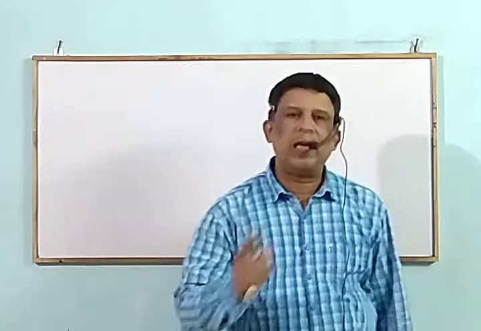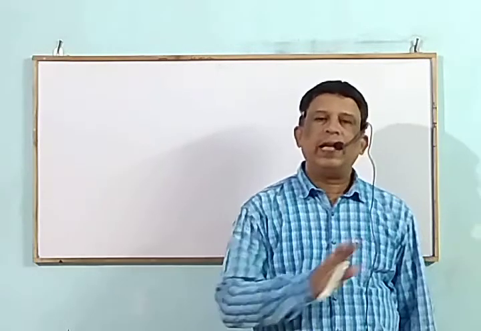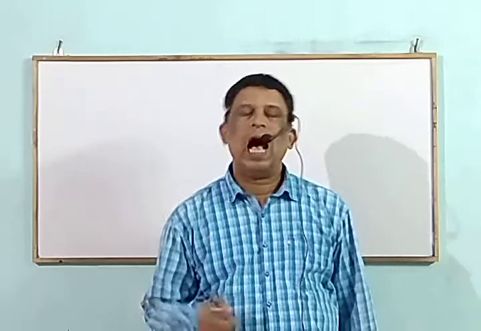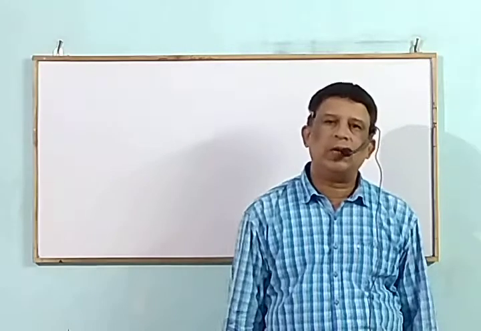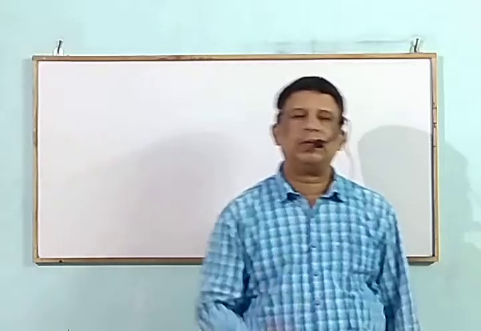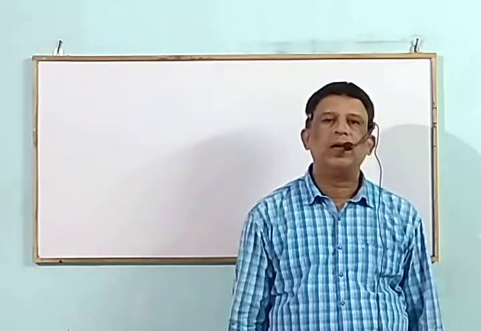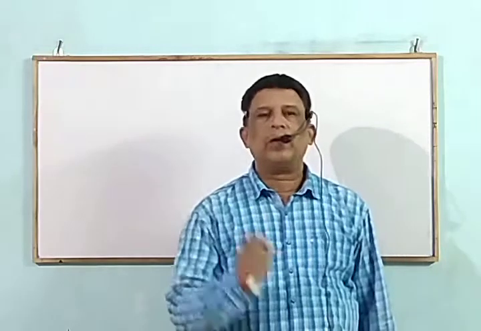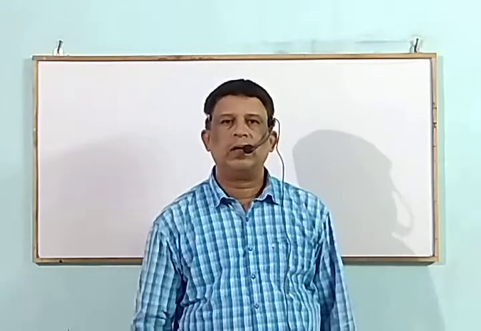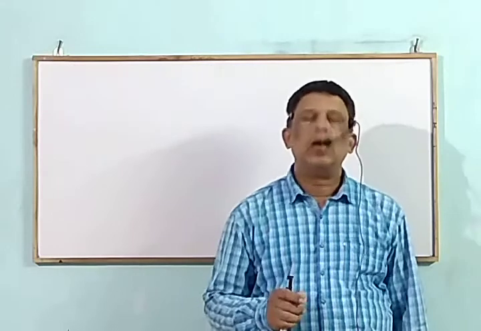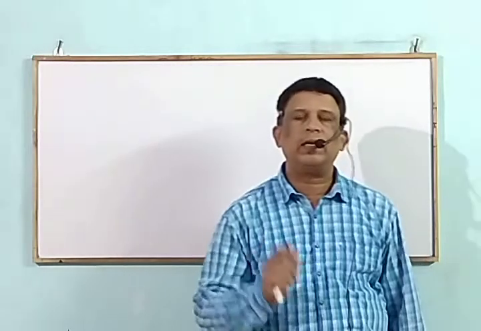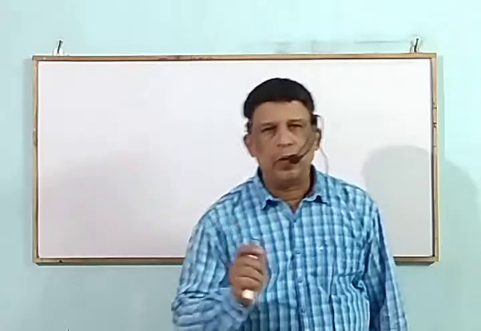When this disturbance or irregularity appears around a point, it is known as a point defect. Generally, point defects are classified into three types: one is stoichiometric defect, one is non-stoichiometric defect, and one is impurity defect.